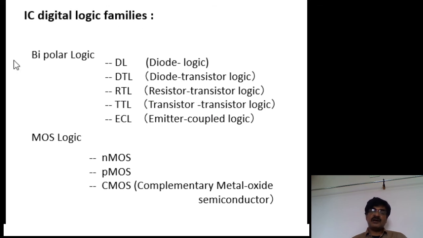Out of all logic families, the fastest is ECL, emitter coupled logic. Good, thank you. In the next class we can see the structure of the CMOS logic family and how to develop different gates using the CMOS structure.